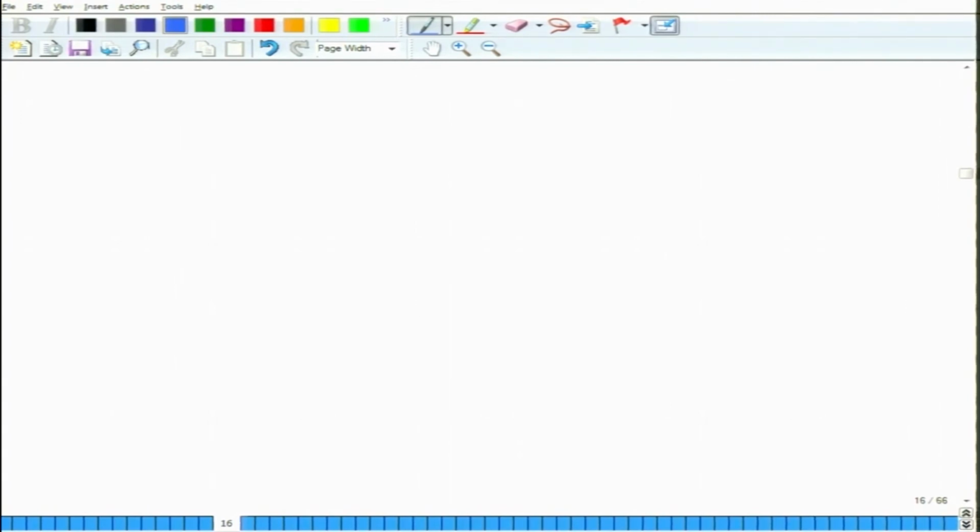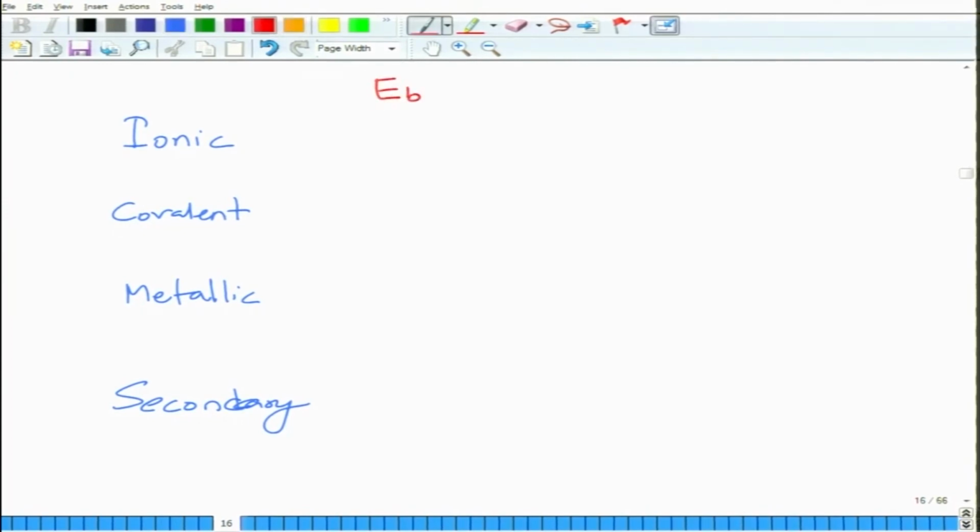So, to summarize this part, I would write three kinds of bonding: ionic, covalent, metallic, and secondary. Let us first talk about the bond energy, E_B. E_B for ionic bond is typically large.